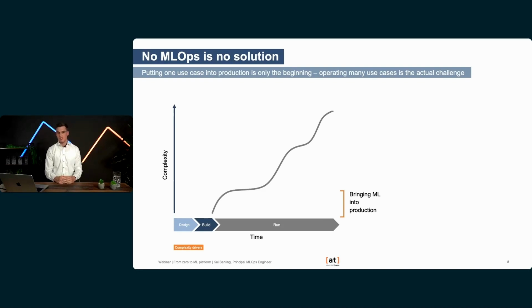Sure, there is quite some room for improvement, but maybe 5 years ago, that was the main challenge. But today, it's more about operating that product and maintaining it, keeping it up and running. So that's what brings in the complexity.